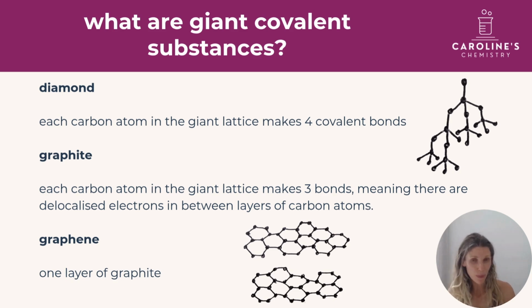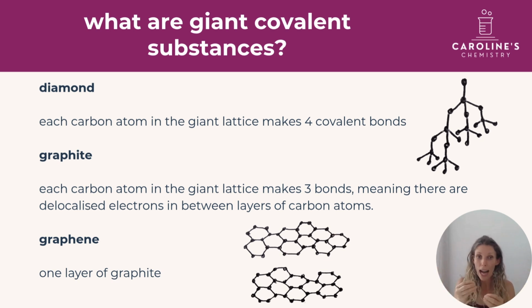Graphite, however, each carbon atom in that giant network, that giant lattice, has 3 bonds. And that means that there are actually delocalized electrons in between the layers of carbon atoms. A reminder that the word delocalized means free to move. So there is 1 electron per carbon atom that is free to move in between the layers. Graphite has lots of these layers, and there's only weak forces between them.